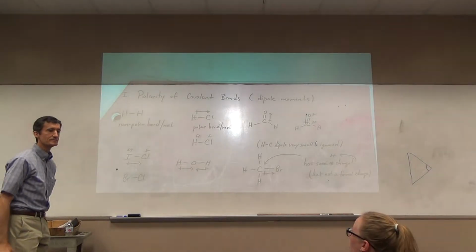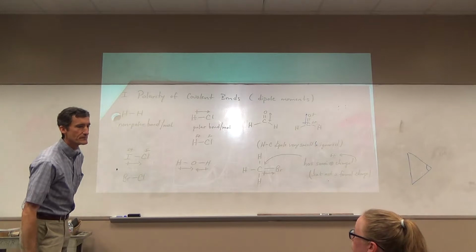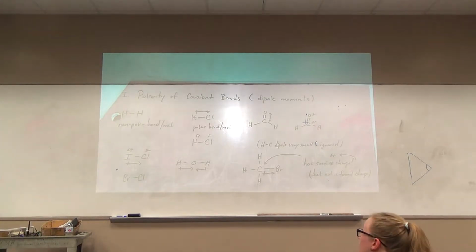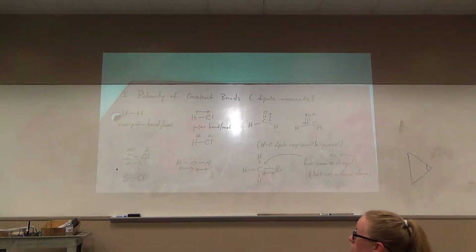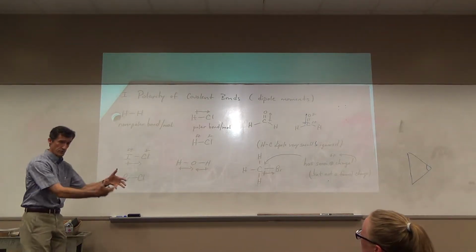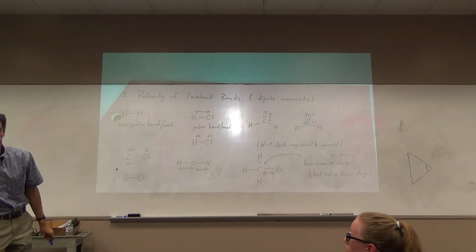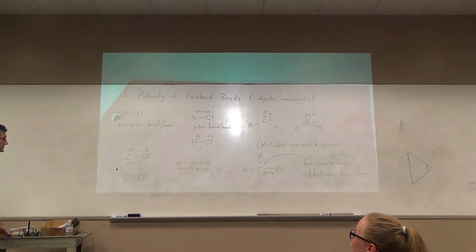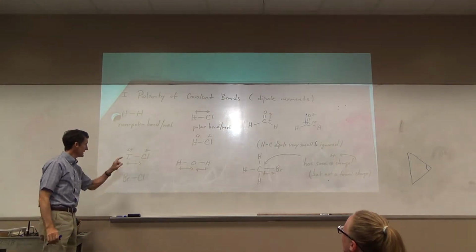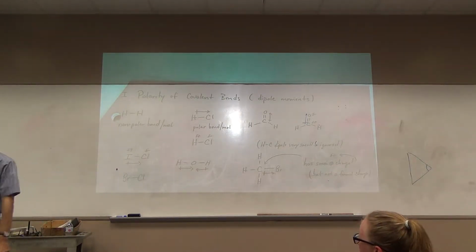It's because the dipole is pointing that way. Why is it pointing that way? Because chlorine is more electronegative, and so it pulls, right? I'm more electronegative, so I pull, pulling the electron density away, leaving the iodine electrophilic.